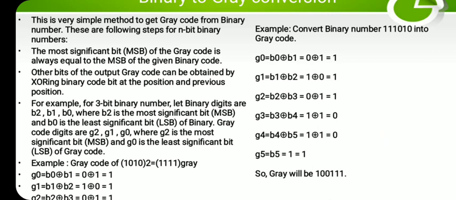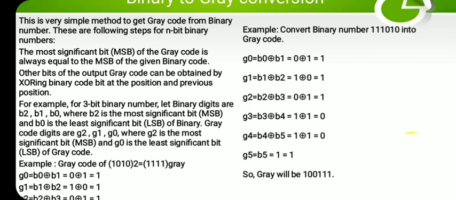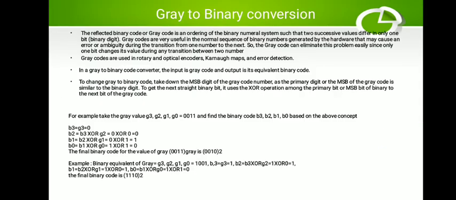If you start from the MSB, that is the first result in the output, and go on XORing the next successive bits. If you start from the LSB, you don't take the LSB directly, you go on XORing the LSB with the next positional bits, right? This is conversion from binary to gray. Now next, gray to binary.